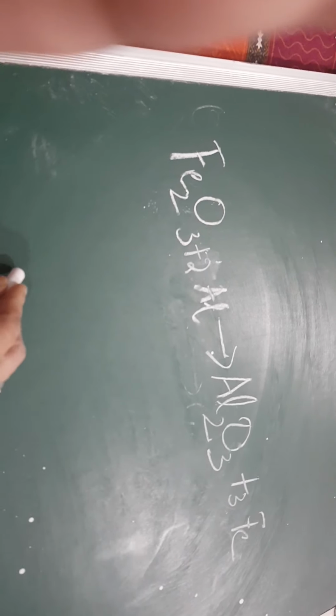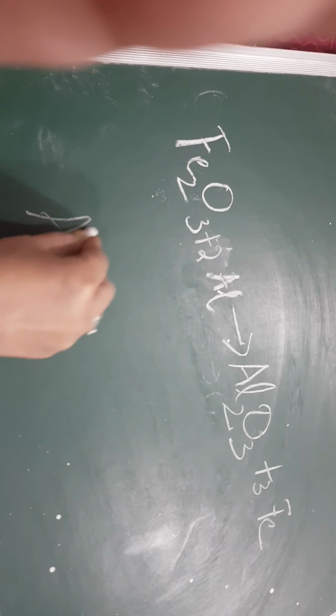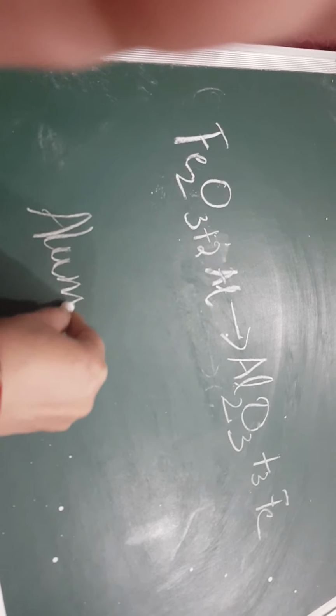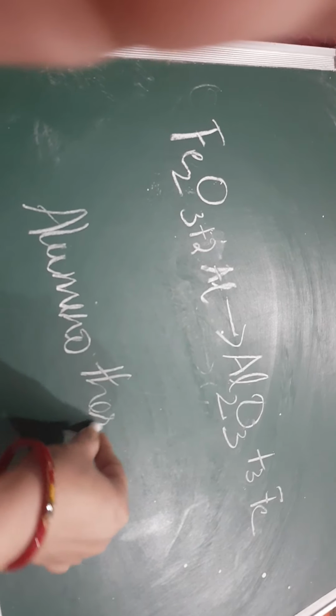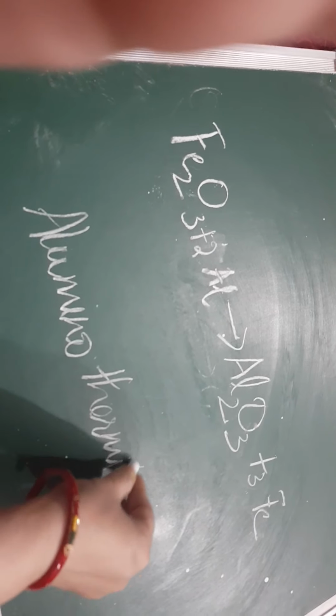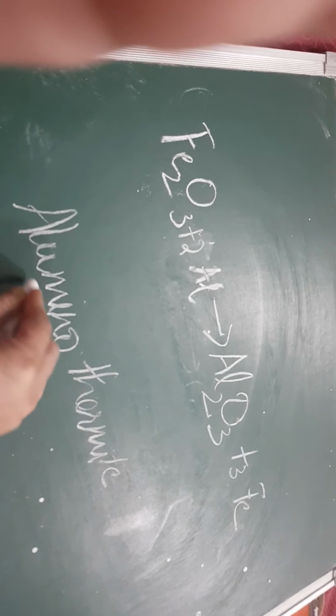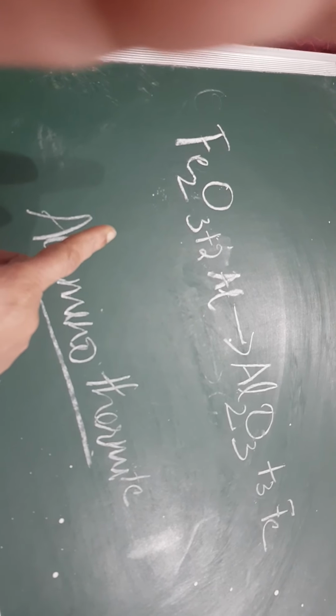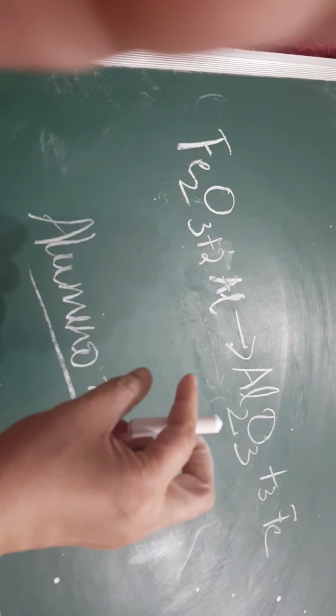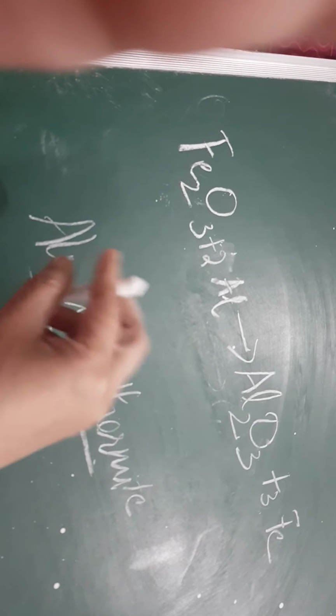Children, this is a very important reaction. It is also called the aluminothermite reaction. Why is this reaction important? Because it is used for joining railway tracks, where there is a broken track or a gap in between tracks due to change in temperature.